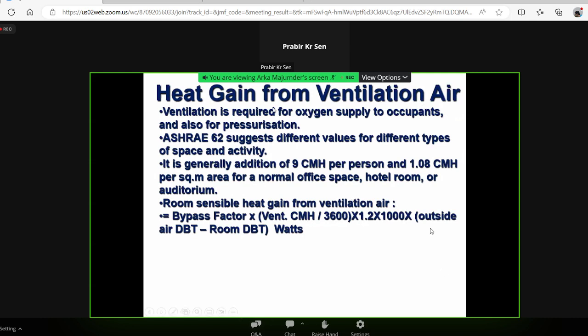And some latent heat will also come inside the room. That will be dictated by the next equation.